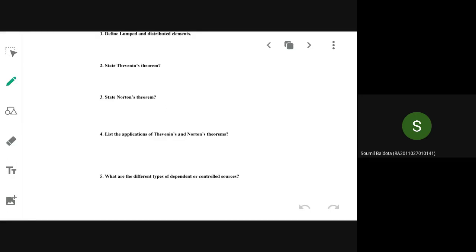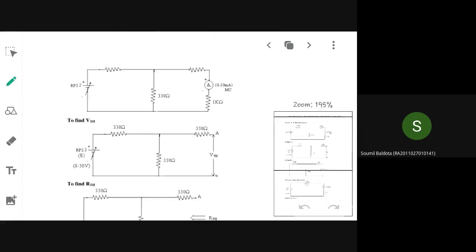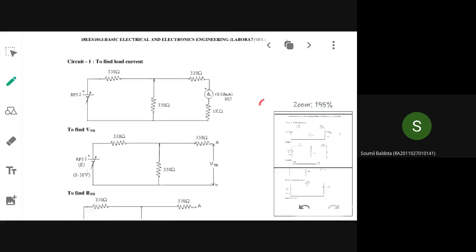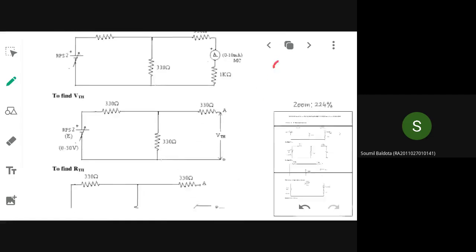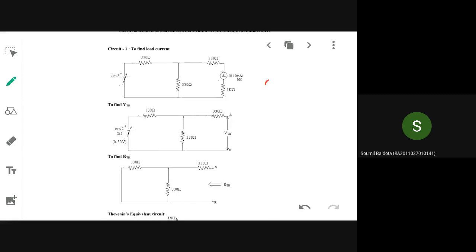Just assemble components first. I will tell later. All the circuits, you have to find the load current and the open circuit voltage. First two circuits you try. Third circuit I will tell.